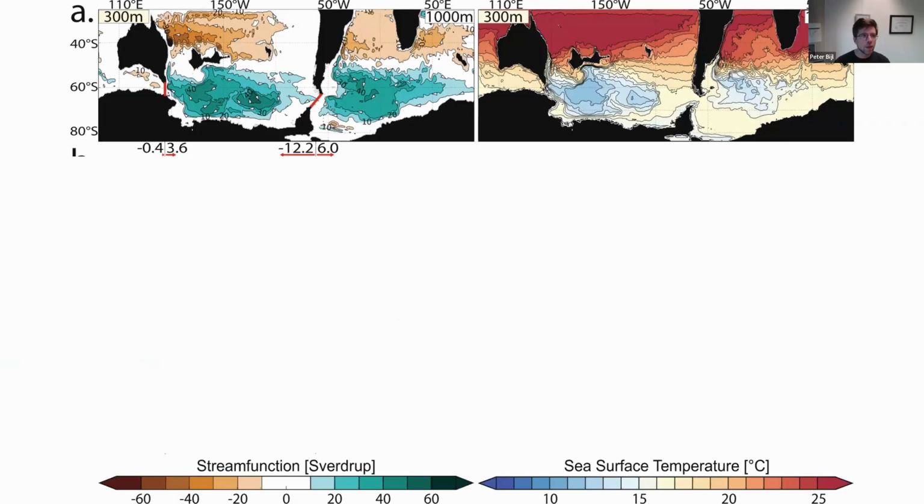And on the left-hand side panel with the flow field, you see that in this configuration, the Tasmanian gateway is shallow, it's only 300 meters, and Drake Passage is 1,000 meters. And you see here that the Southern Ocean features this strong subpolar gyre, and you also see the subtropical gyres in orange.